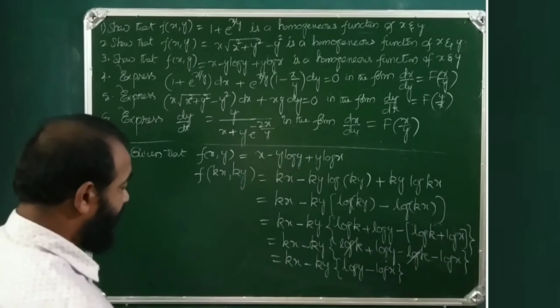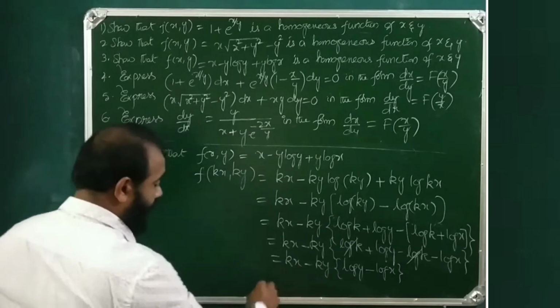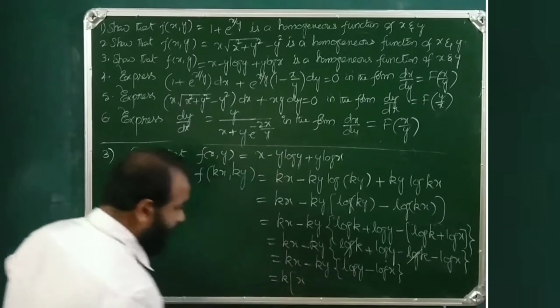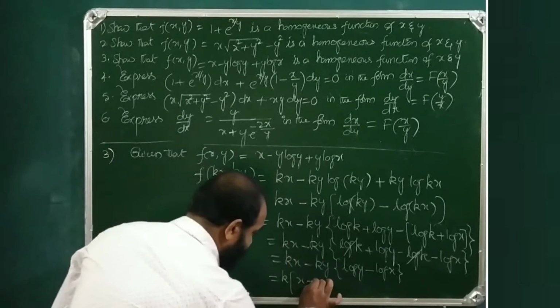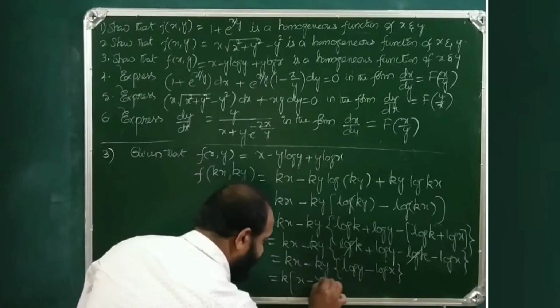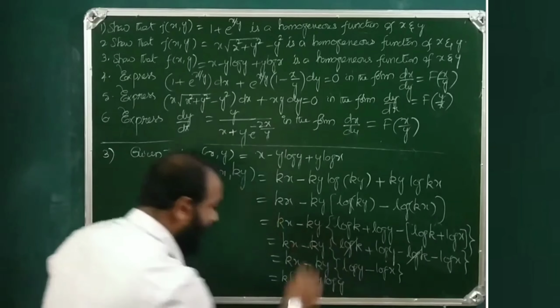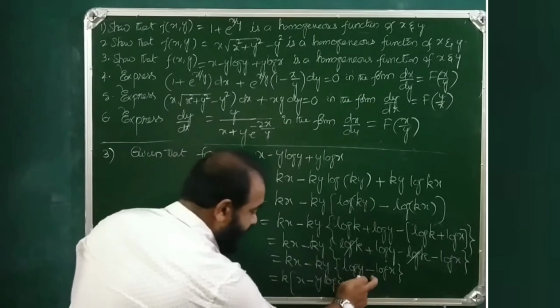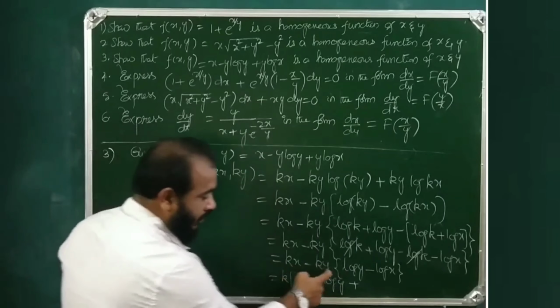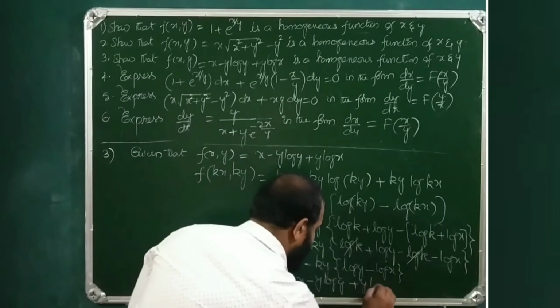Now from this, let us take k as common. So we will get x minus, if you take k common, y log y. Minus into minus plus, since k is taken common, we are left with y log x.